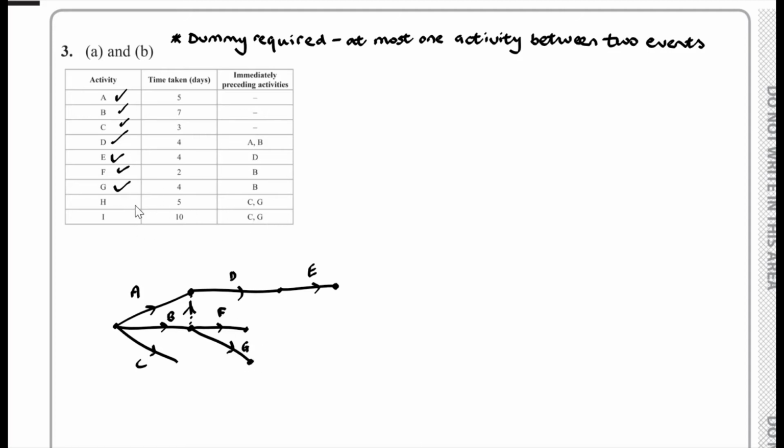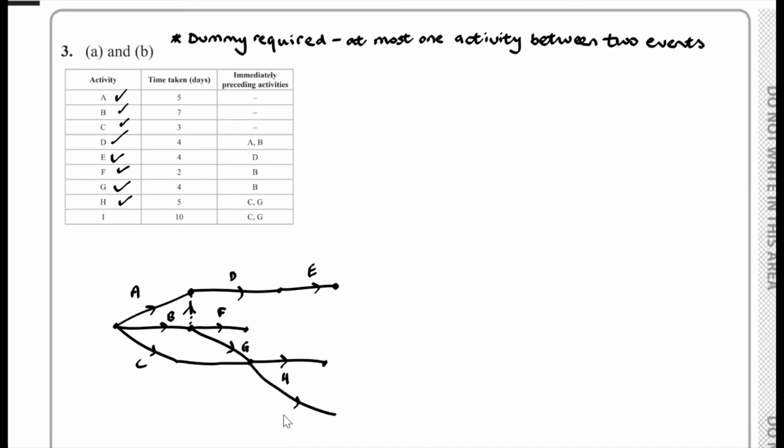And if you look at H and I, those depend on C and G. So for us to do activity H, C and G need to be completed. So we have this situation going on. So that's H. And activity I, that also depends on C and G.